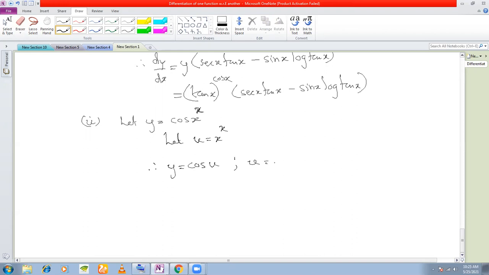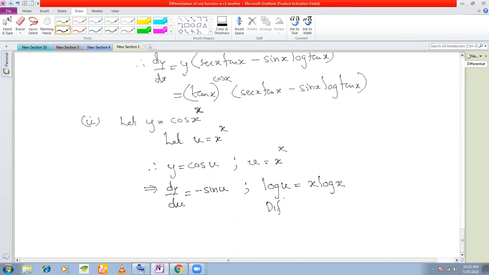And u becomes x to the power of x. So now from here, y is equal to cos u, you can find dy du as minus sin u. And from here, how do you differentiate u? You take logs. Log u is equal to x log x.